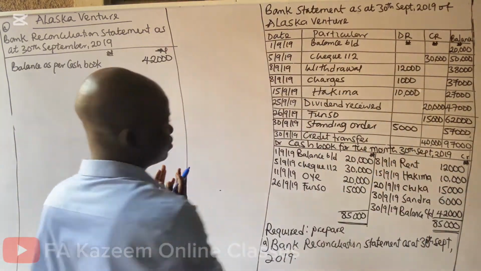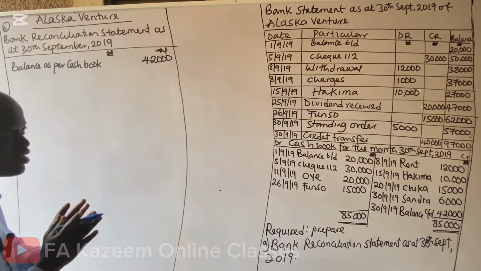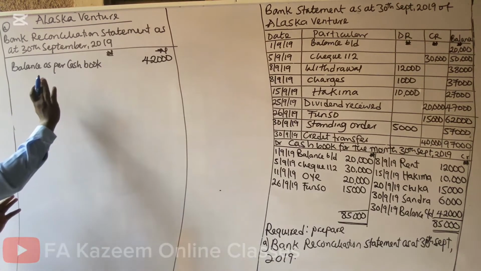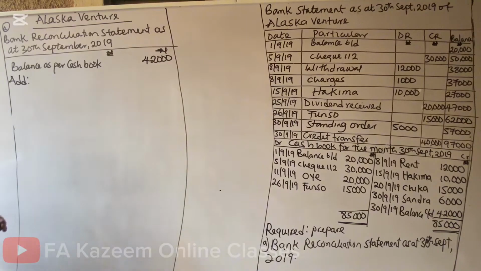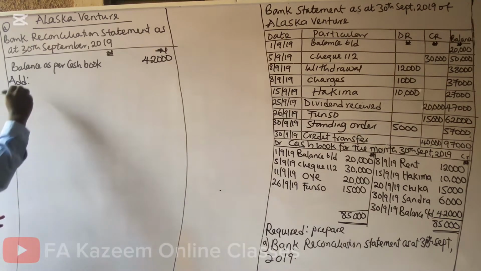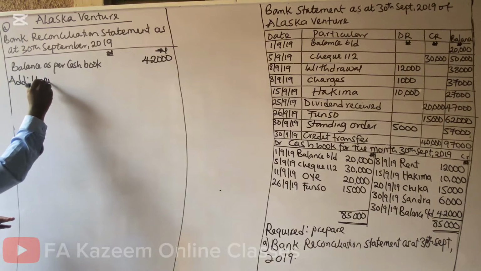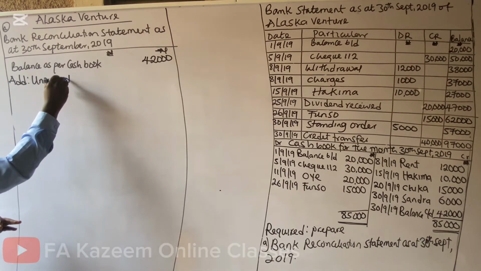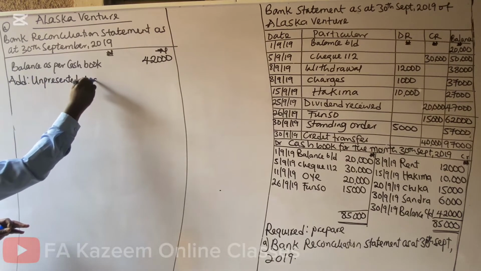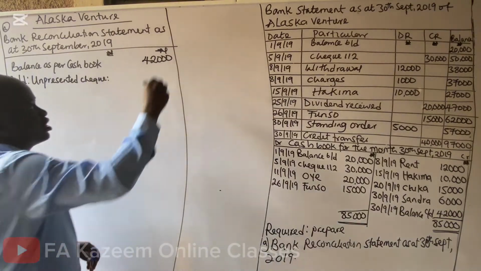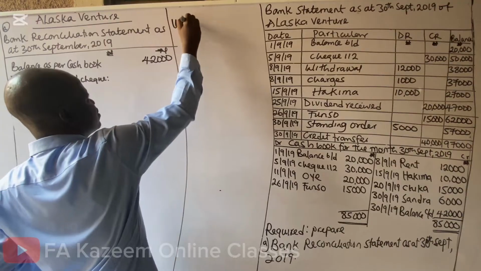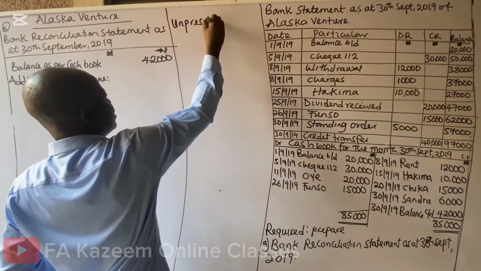Now, how do we do this? The first thing you are going to do, if you are using the direct method, is to put the word add. What are you going to add first? Unpresented check. How do you know unpresented check? That's the first thing.